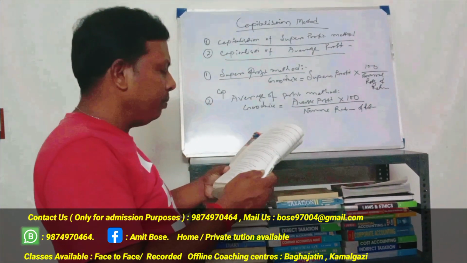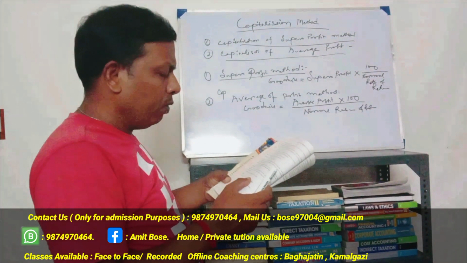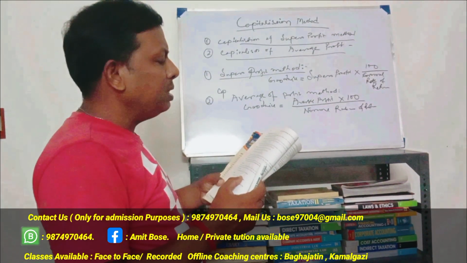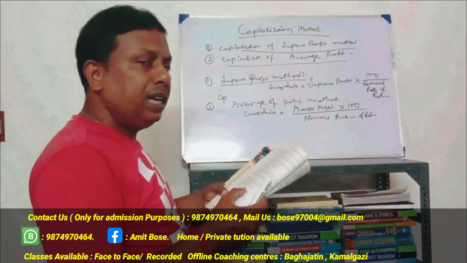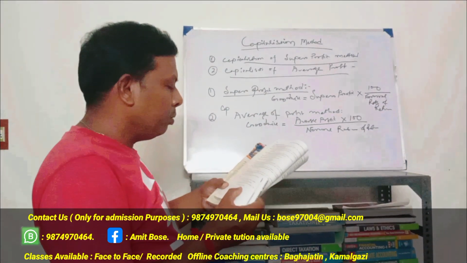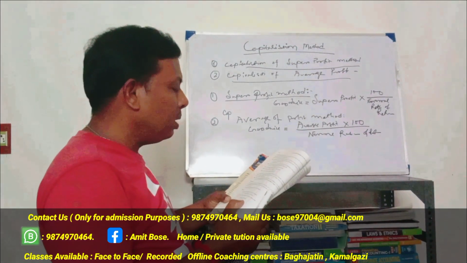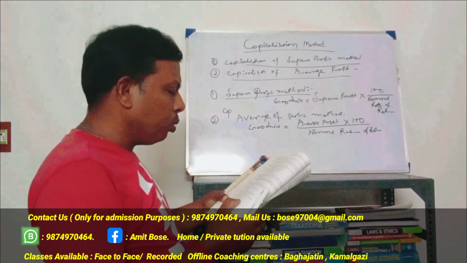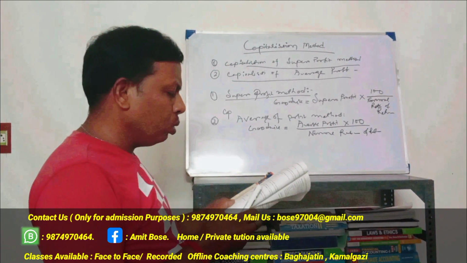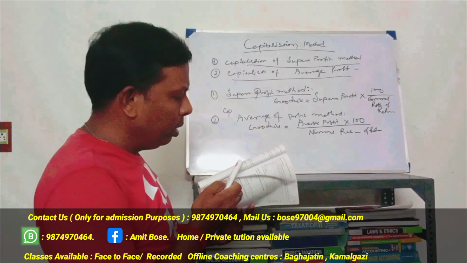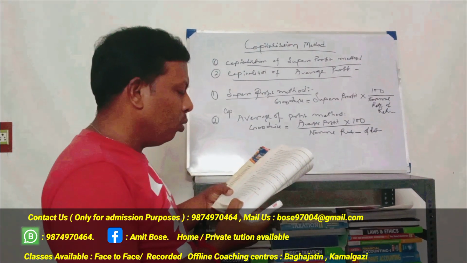Here is illustration number 23 on page number 2.24 of T.S. Grewal's goodwill sum. Note down: the average profit of the firm is 1,50,000, the total tangible assets of the firm are 14 lakh, and the outside liability is 4 lakh.